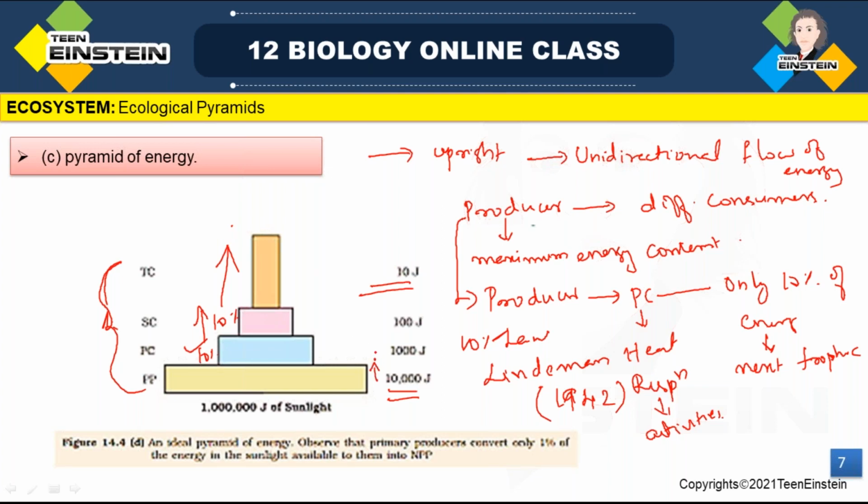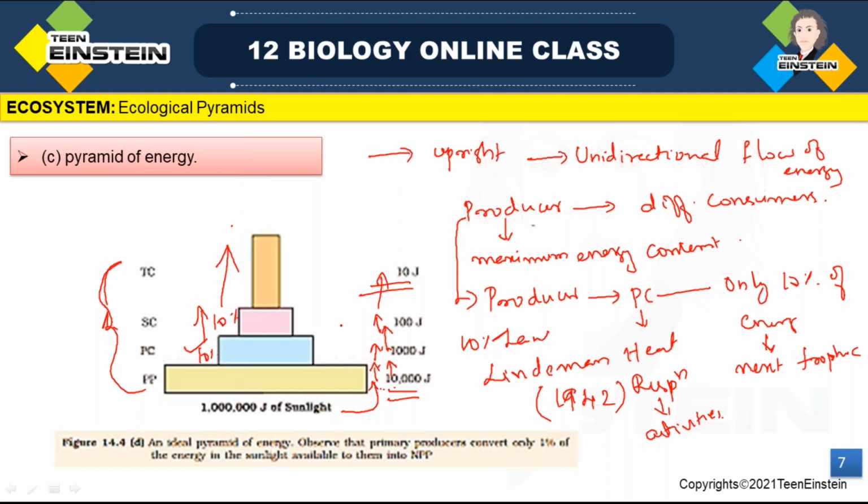So only 10% of the energy is moving from one trophic level to the next. From sunlight, the 10%, and from here, 10% of the previous trophic level. Then from the primary consumers, when it is moving to secondary consumers, 10% of the energy of the primary consumer level is moving to the secondary consumer level.